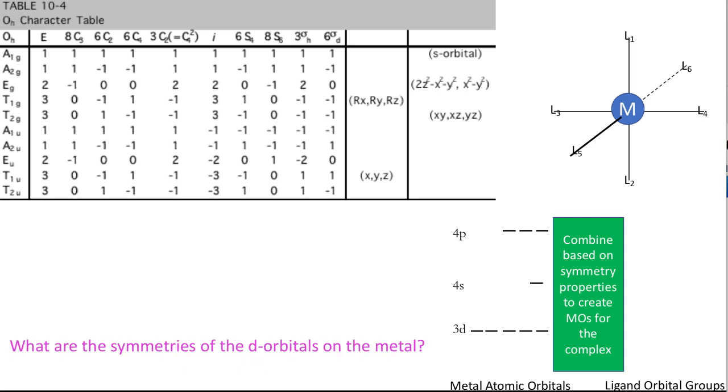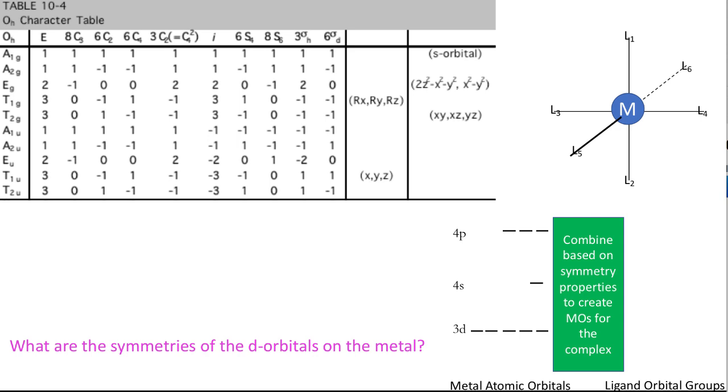Next, we want to assign symmetry labels to those orbitals. So we want to know what are the symmetries of the orbitals of the metal. Well, the symmetry of the orbitals in the metal, since it's a central atom, can be determined simply by inspection of the character table.